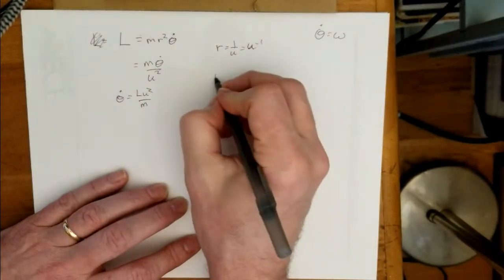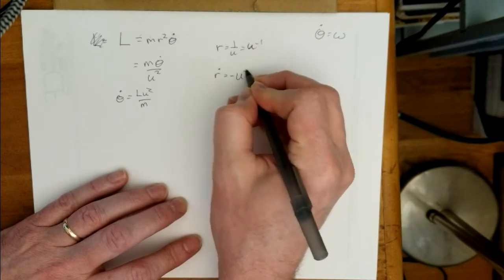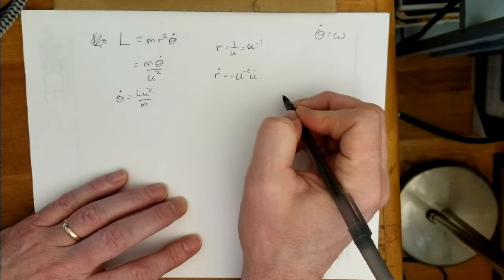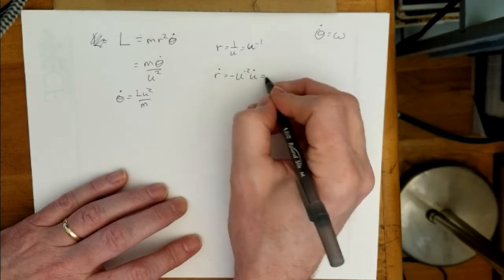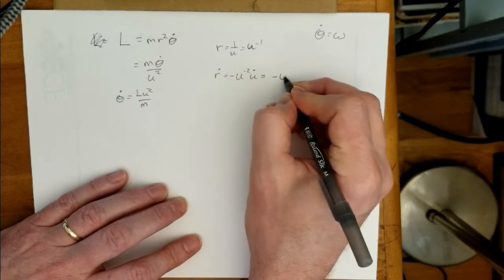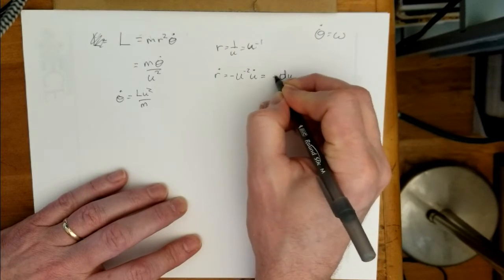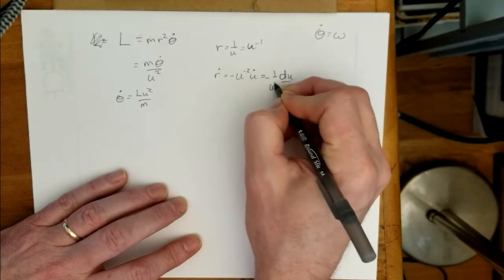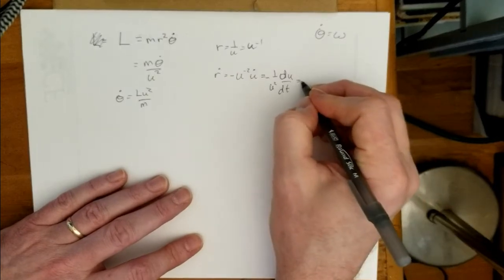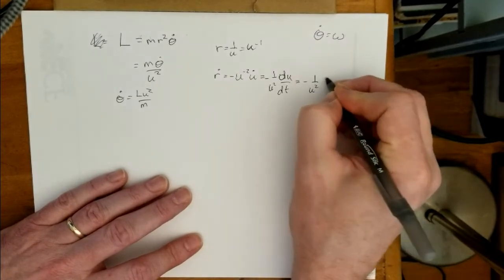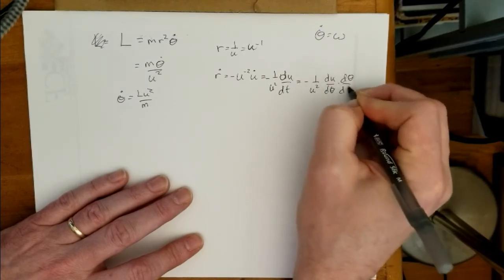If r is equal to that, then r dot is equal to negative u to the negative 2 times u dot, which is negative 1 over u squared du dt. That is negative 1 over u squared du d theta times d theta dt.